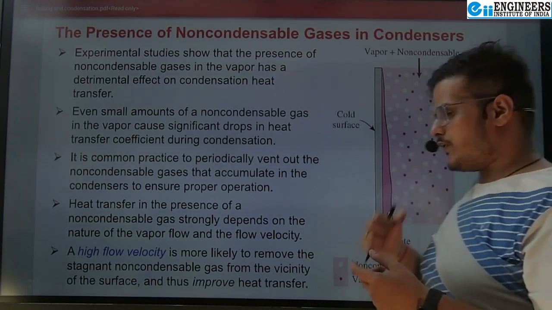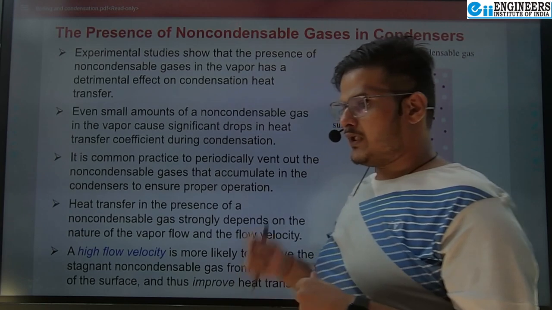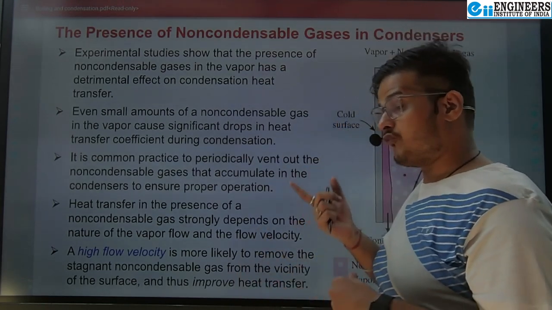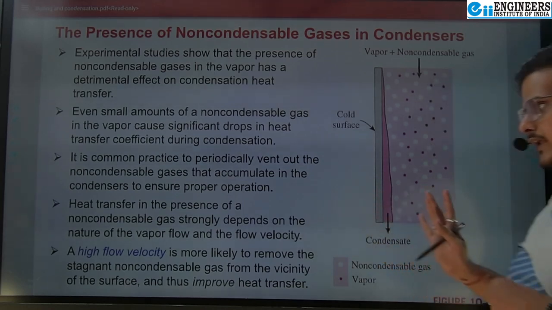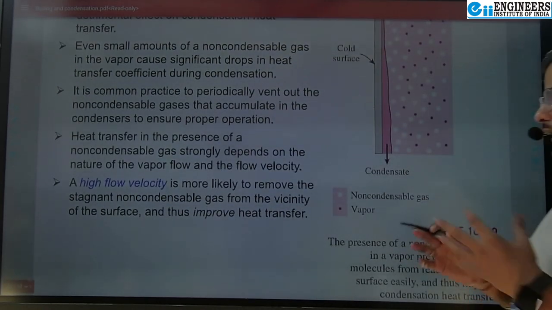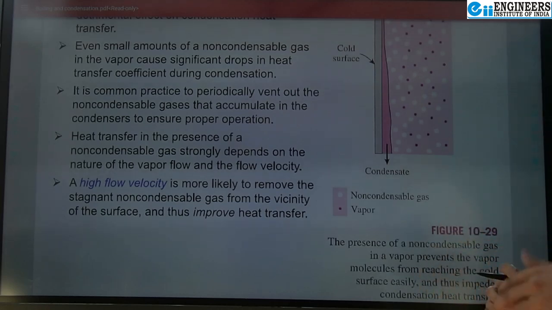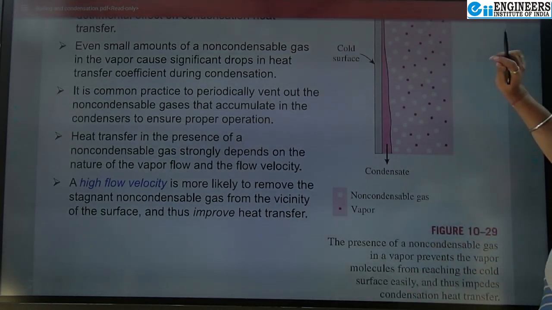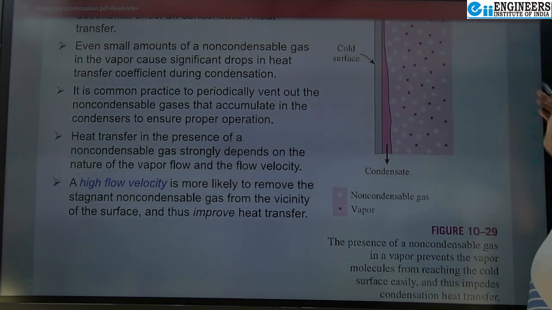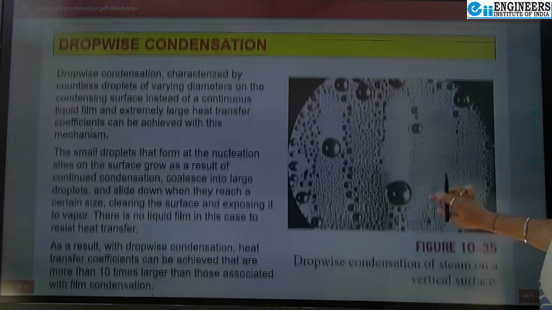The heat transfer in the presence of the non-condensable gas strongly depends on the nature of the vapor flow and the flow velocity. For high flow velocity, it removes the stagnant non-condensable gases from the vicinity of the surface and improves the heat transfer. So here you come to know how these non-condensable gases are affecting the heat transfer coefficient.